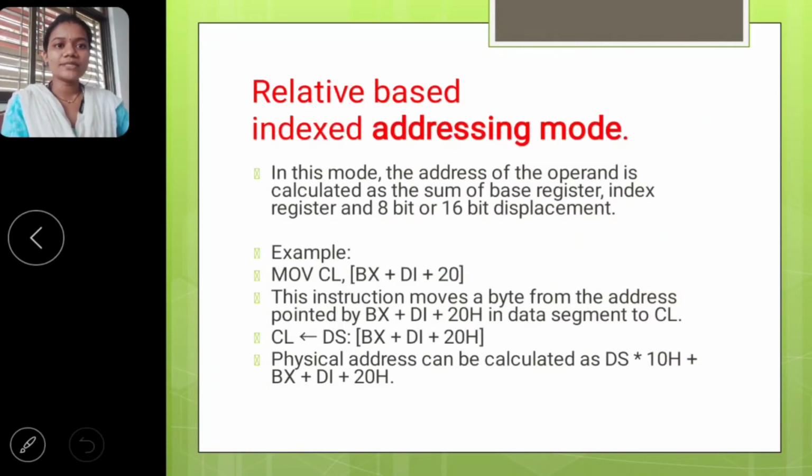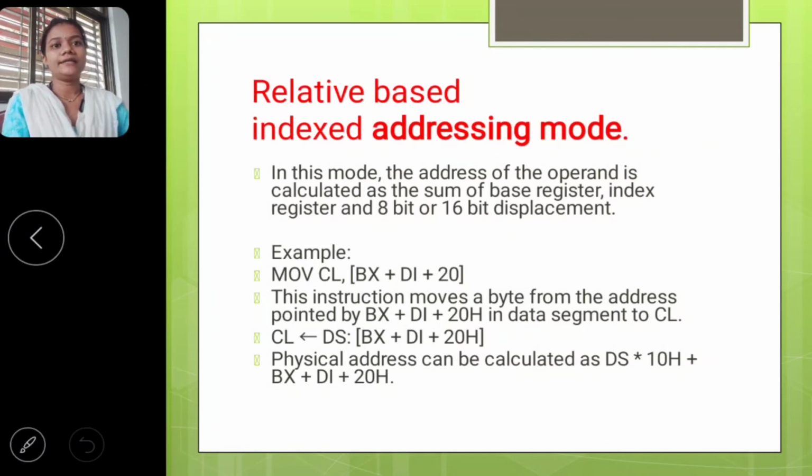Now relative base index addressing mode. As in base index addressing mode, for calculation of the physical address we use base plus index, and in relative base index addressing mode we use both additions of address to calculate the physical address. In relative base index addressing mode, the address of the operand is calculated as the sum of base register plus index register plus displacement also.